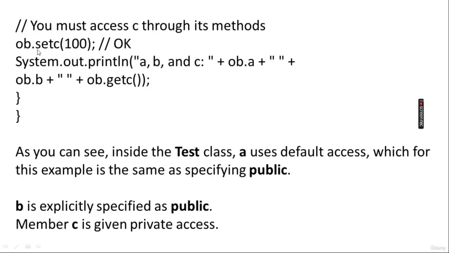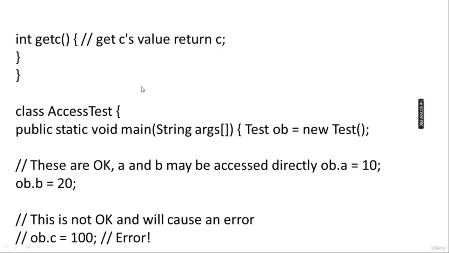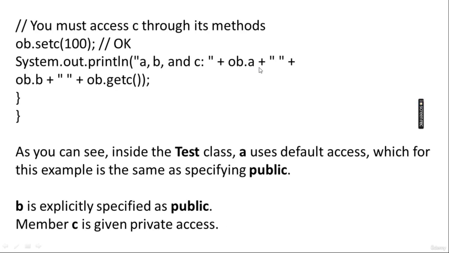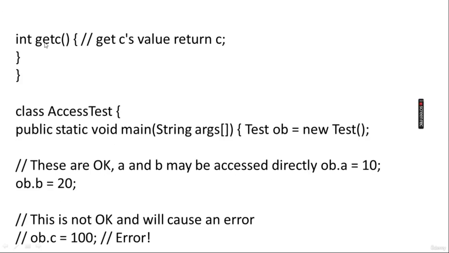But for setting c, I cannot write object dot c is equal to 100. I have to set it using a method which is public: ob.setc(100). And to get the values, ob.a will be printed, ob.b will be printed, but ob.c will not be printed directly. For that, I have to write this function, int getc, which will return me the value of c.